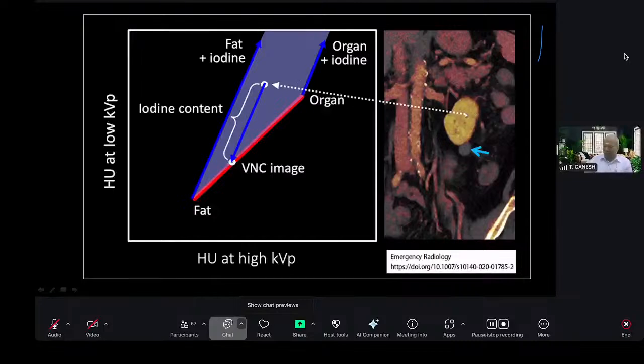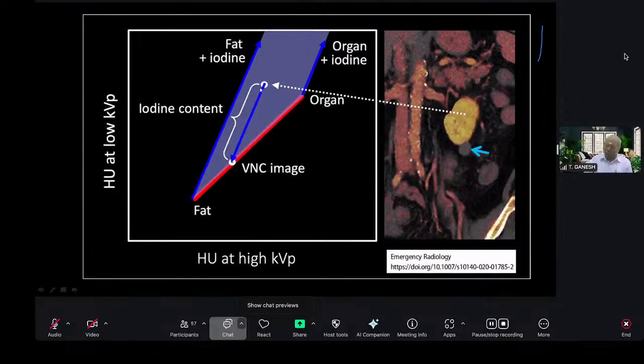So here we take this particular small voxel and we measure. What is the HU value at low kVp and what is the HU value at the high kVp? That is the value here. So it is somewhere here.